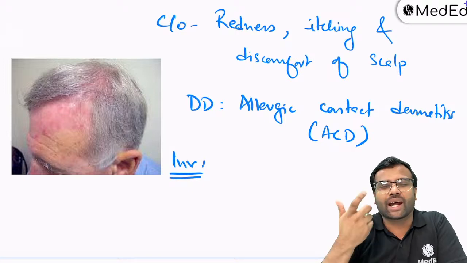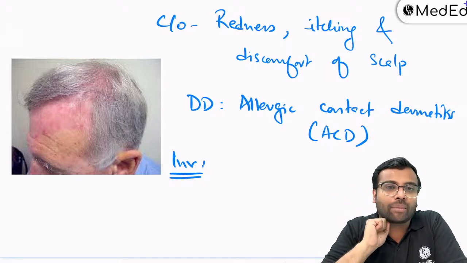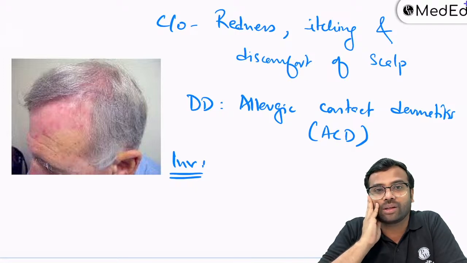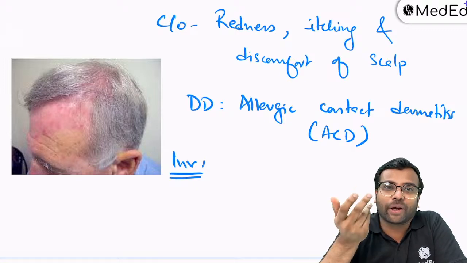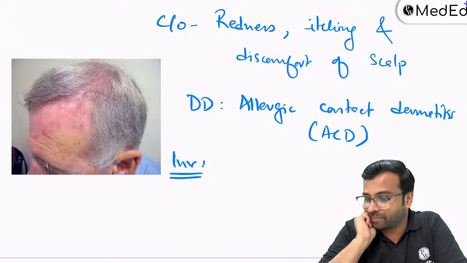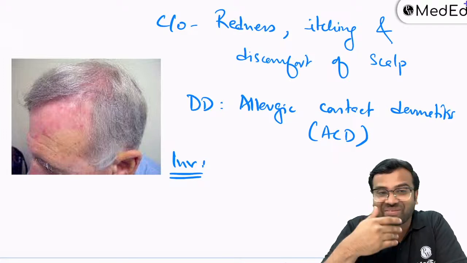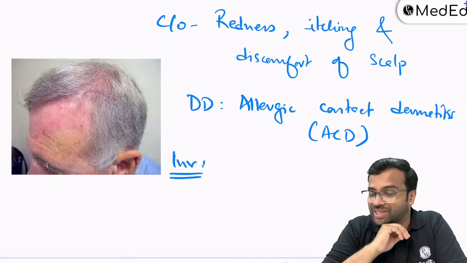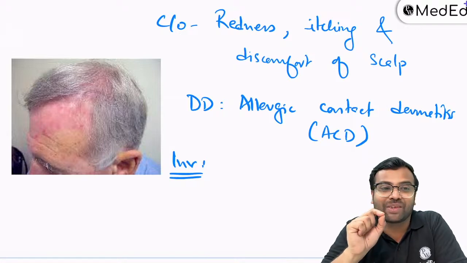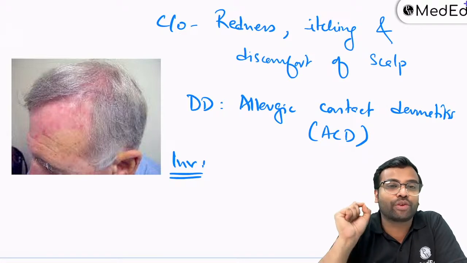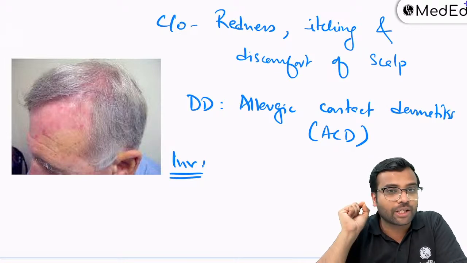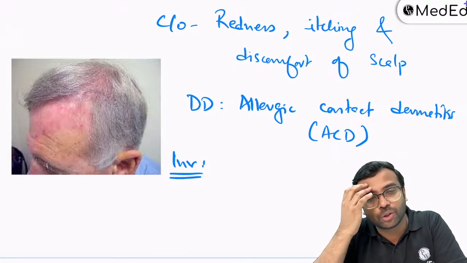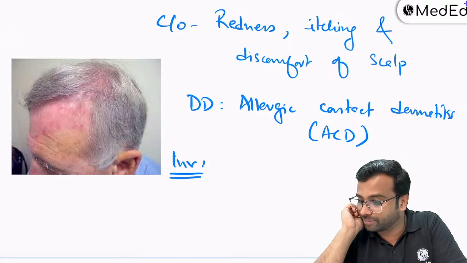Would you like to do a trichoscopy to examine microscopically how the hair follicles look? Would you like to go for a skin biopsy or something else? I have not given you the right answer. I was just asking you many other vague questions. So what is the investigation that you would like to do if you're suspecting an allergy, especially a contact dermatitis, in a patient who is complaining to you with the erythematous scalp?